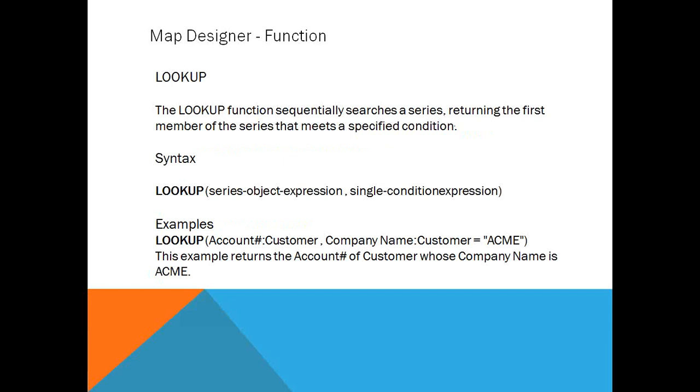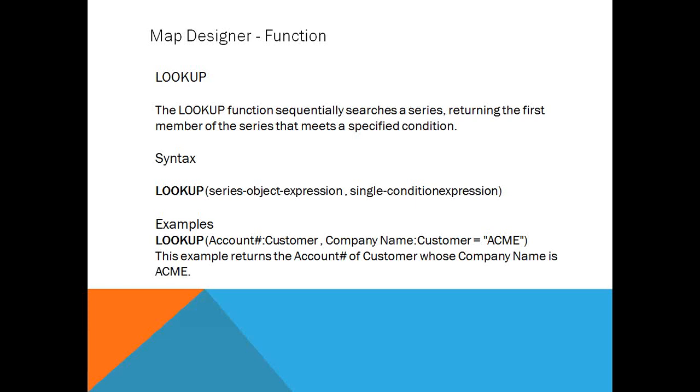Then lookup. The lookup function sequentially searches a series and returns the first member of the series that meets the specified condition. That means it has two arguments. The first argument is what it should return, which series it should return. The second argument is the condition.